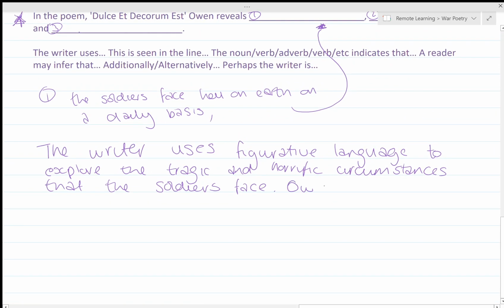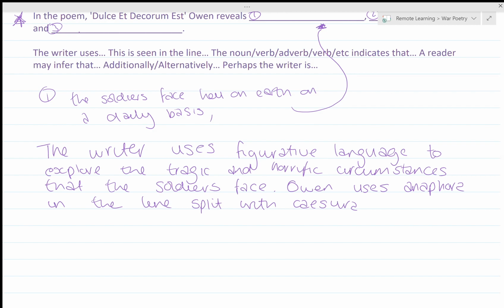Owen uses anaphora, that repetition of the first word or phrase in a sentence or clause. Owen uses anaphora in the line split with caesura. That's that punctuation in the middle of a line that makes the reader stop and focus.